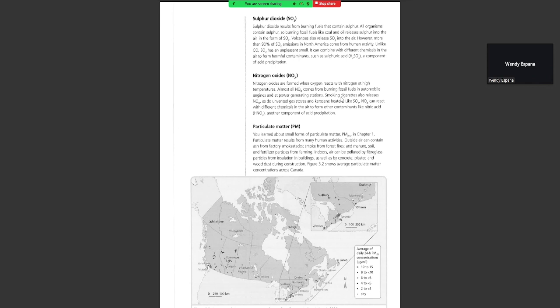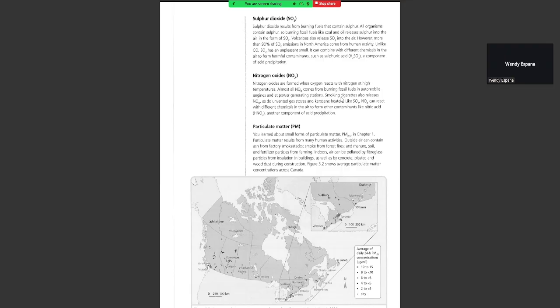There's also indoor air pollution. So those we've talked about have always been outside air pollution: factories producing pollutants, smoke from forest fires, those types of things. However, there's also indoor air pollution.